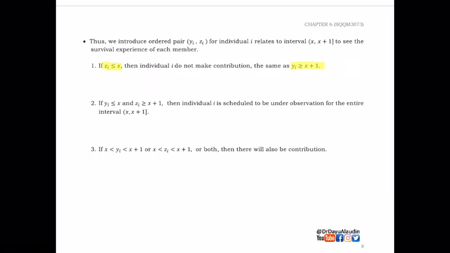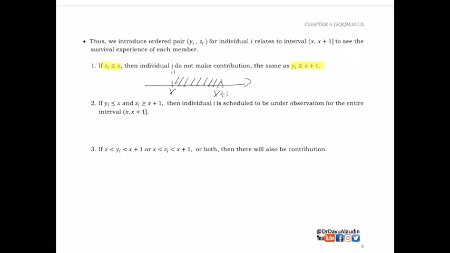If we draw the timeline, this is the interval estimate, X to X plus 1. We are interested only in this interval.